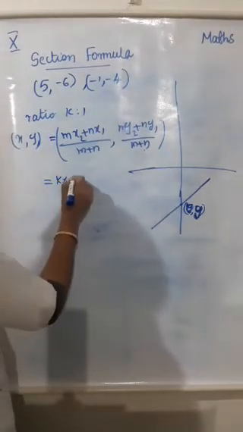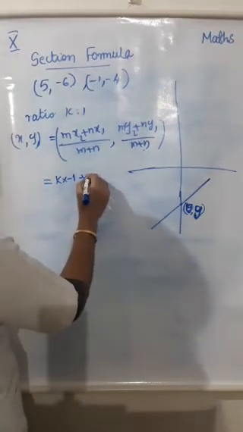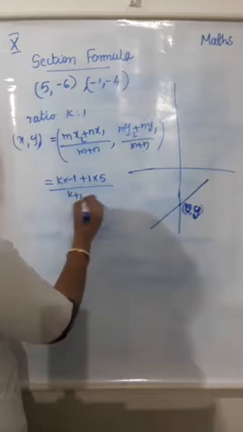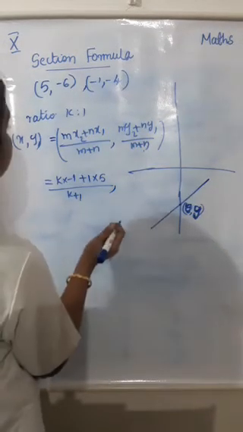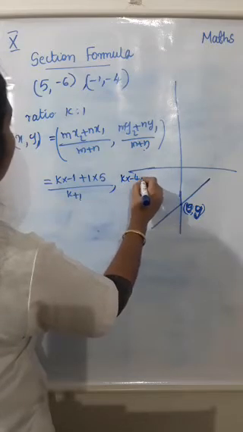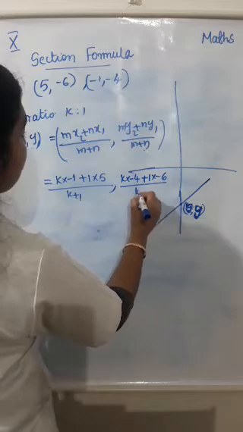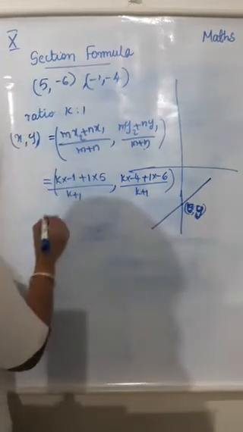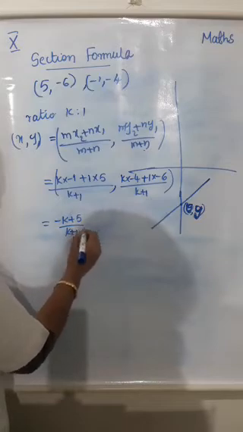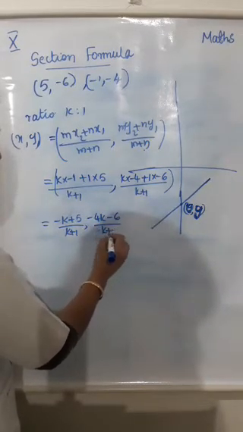So k into negative 1 plus 1 into 5 by k plus 1, then k into negative 4 plus 1 into negative 6 by k plus 1, equal to (negative k plus 5) by (k plus 1), (negative 4k minus 6) by (k plus 1).